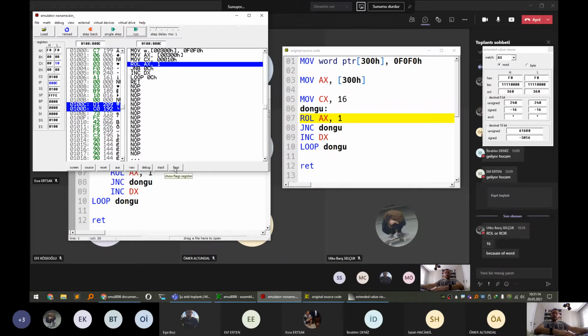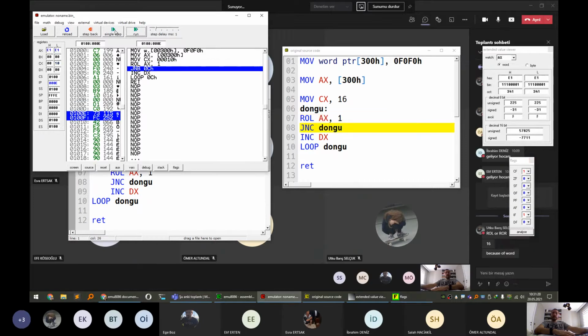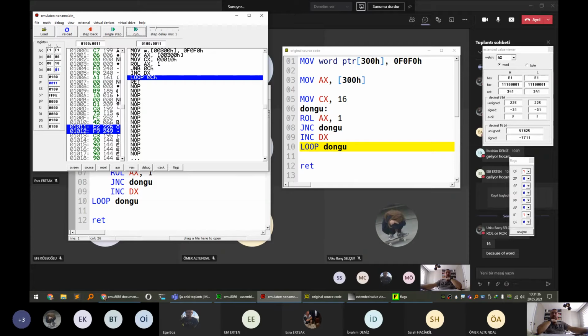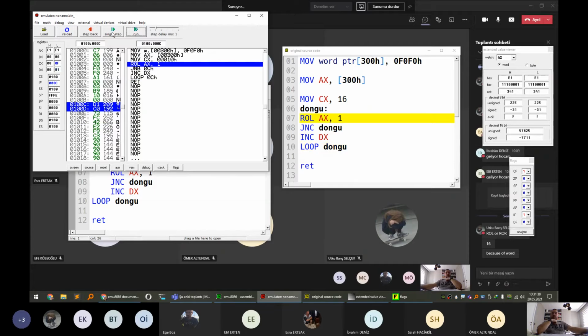Let's open the carry flag because we are going to look at it. Carry flag is set to 1. Jump if not carry. If carry flag is 0, it will jump. So this is not going to jump, and dx will be increased. Okay, dx is 1.